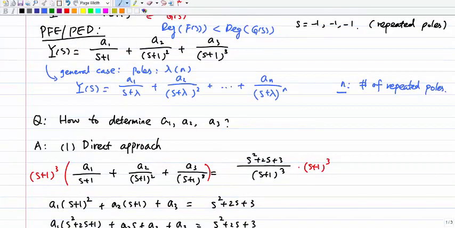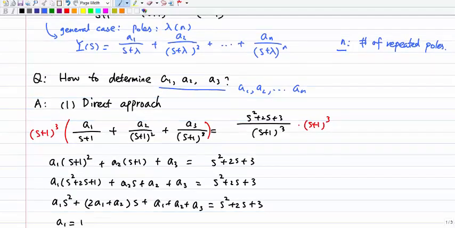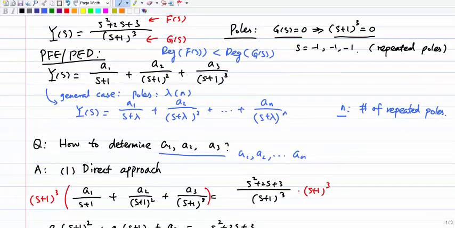I'm going to talk about 2 approaches to find the coefficients a1, a2, and a3. Of course, in the general case, I want to find a1, a2, until an, and you can use a similar approach. The first approach is called the direct approach. As I mentioned before, the direct approach just assumes that you have some parameters a1, a2, a3 satisfying this form, such that the sum of the three equals the original one.